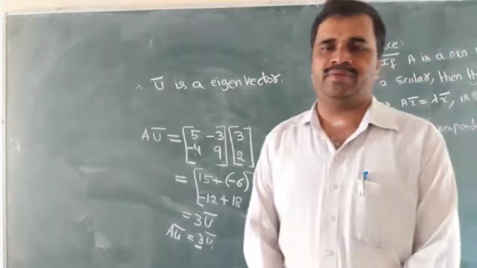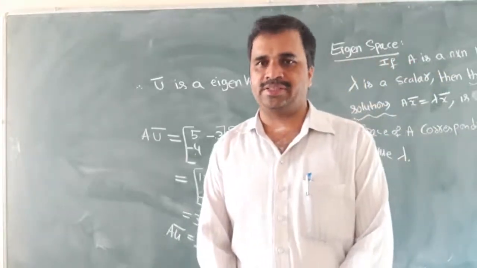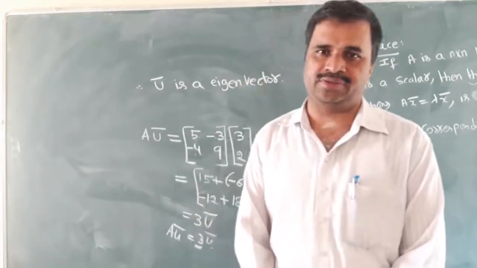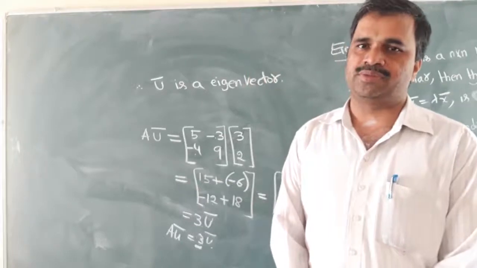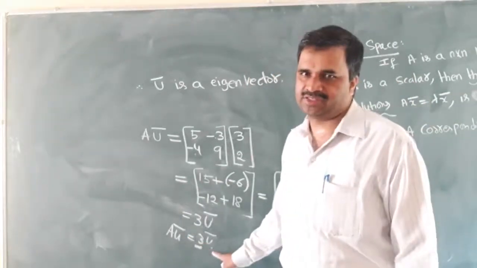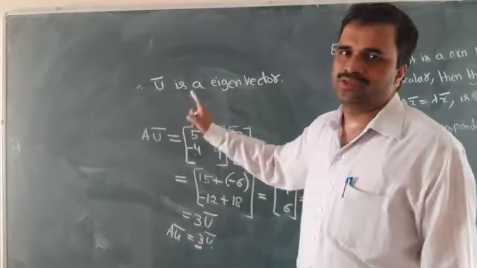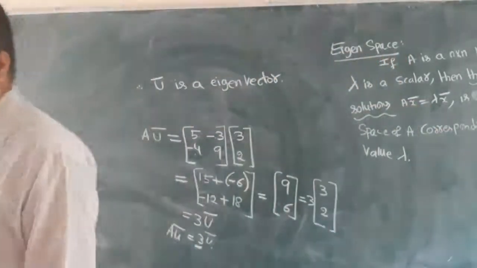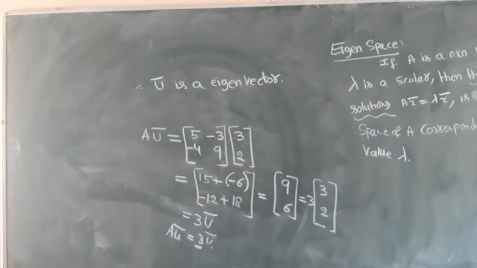Actually we have A x bar equal to lambda x bar; in the present problem, instead of x bar, u bar is given. Different notation, that's all. We have proved A u bar equals lambda u bar, the condition is satisfied, so u bar is an eigenvector.